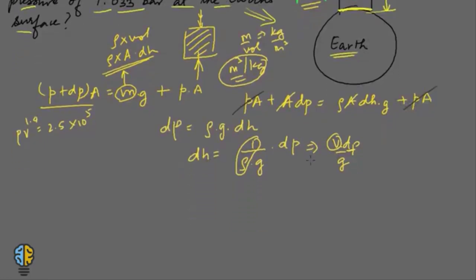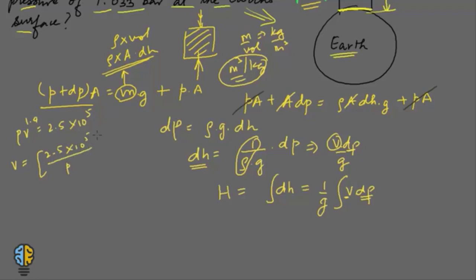Now where is the integral? Because this is the small length for the full height of the atmosphere, I'll have to integrate it. So it will become integral dH is equal to 1 upon G integral VdP. So the integral is in terms of P. So I need to find the value of V in terms of P. So that would be V is equal to 2.5 into 10 to the power 5 upon P raised to the power 1 by 1.4.